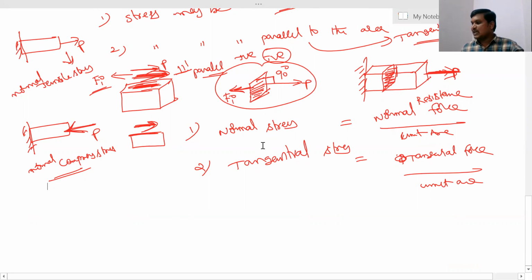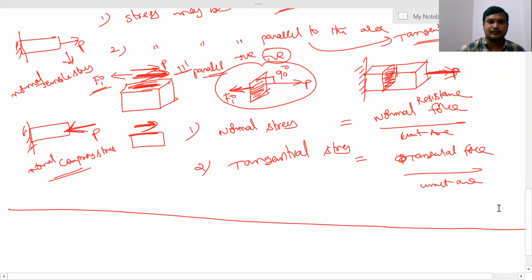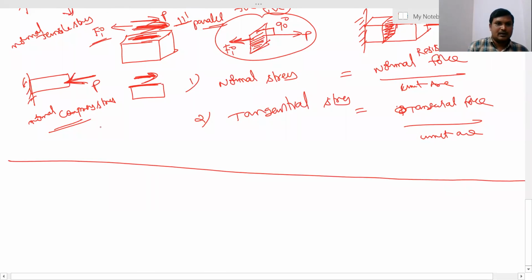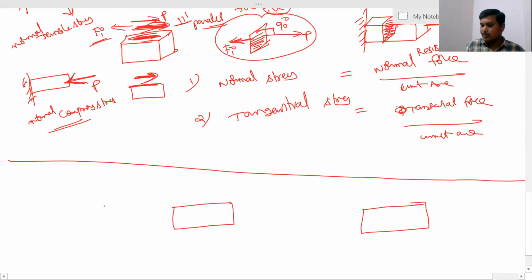So what is the physical meaning of stress? I'm taking two examples, two members. Here I'm taking one member, here I'm taking another member, both constrained at one end.